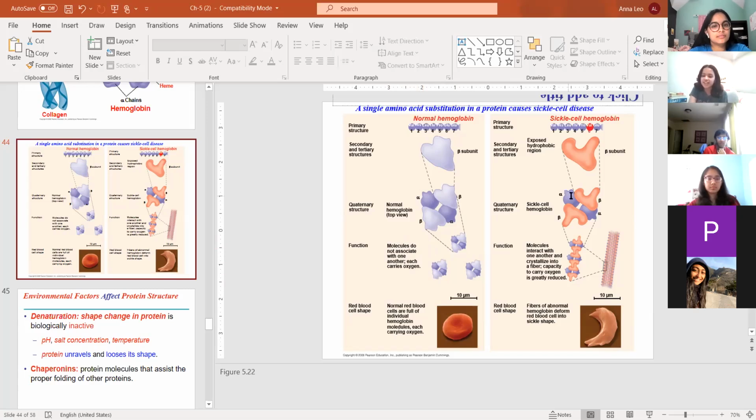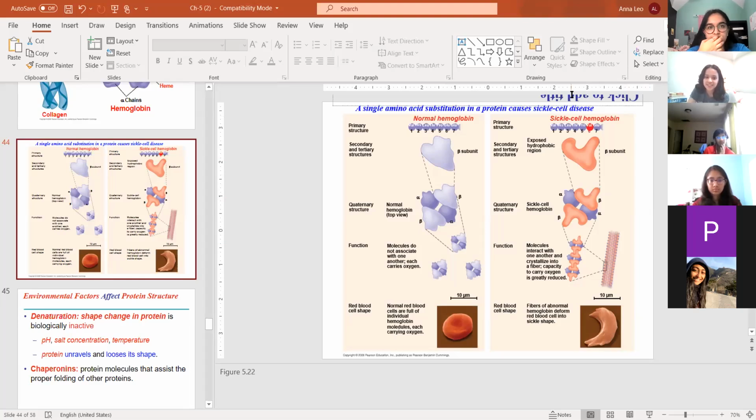But in the sickle cell, the molecules actually do interact with one another, and they crystallize into a fiber. I'm not entirely sure what that means, but when they crystallize into a fiber, the capacity to carry oxygen is reduced. Before, each one was carrying its own specific oxygen. When they interact, we're not able to carry as much oxygen. I don't know if anybody else wants to add on to that, because I didn't fully.